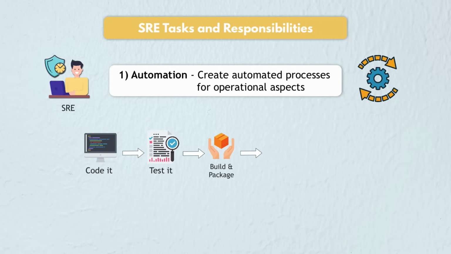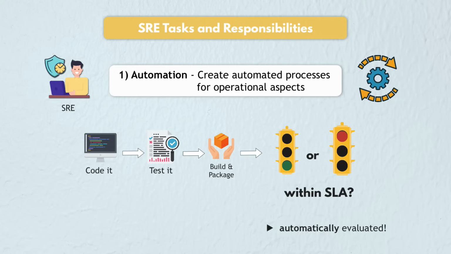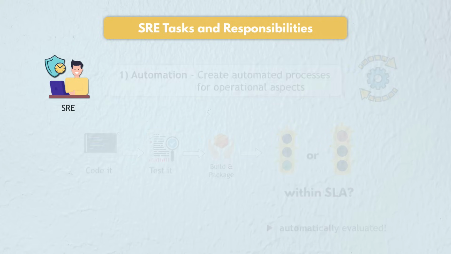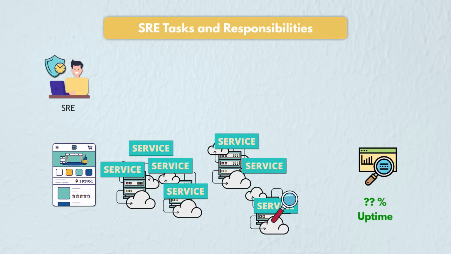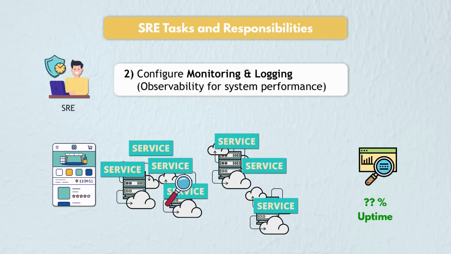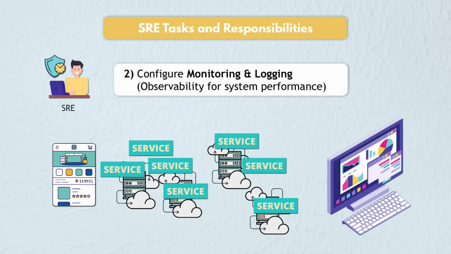Instead, an SRE helps design processes that can automatically evaluate an SLA. Now, of course, to measure the performance of our systems and whether services are within the SLA, we need proper monitoring of our systems. So another big part of SRE tasks and responsibilities is to configure proper monitoring and logging of the systems to get visibility of what's going on inside.